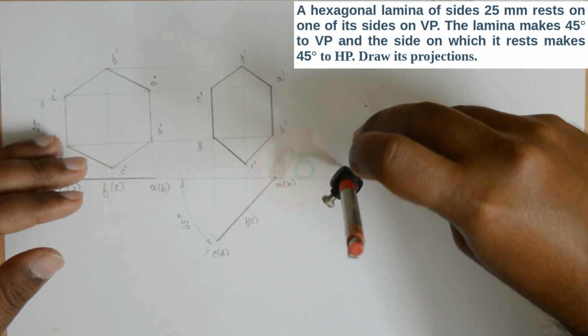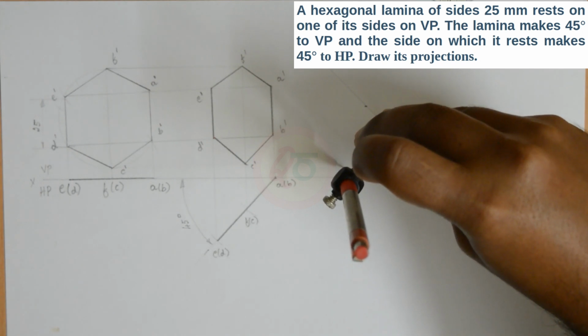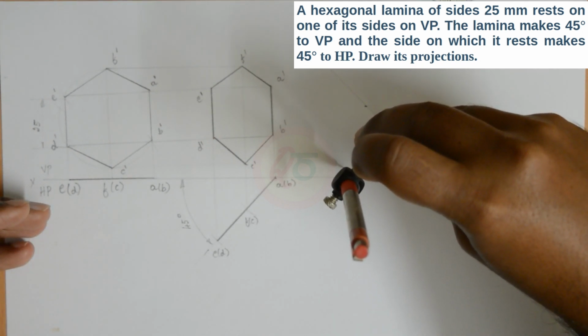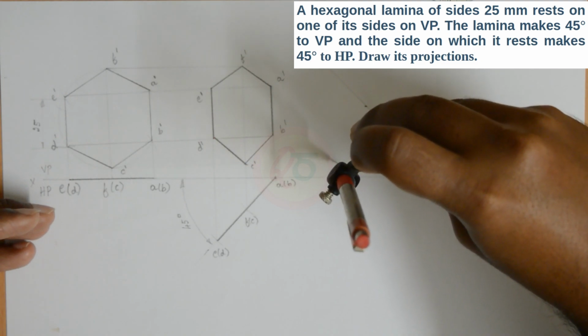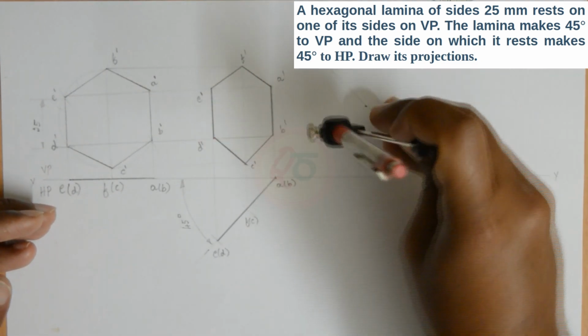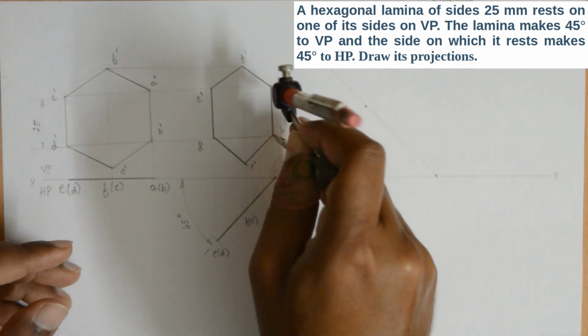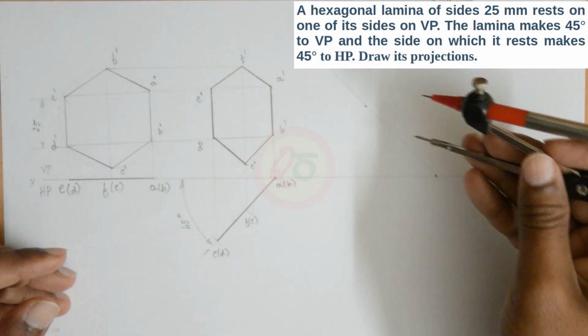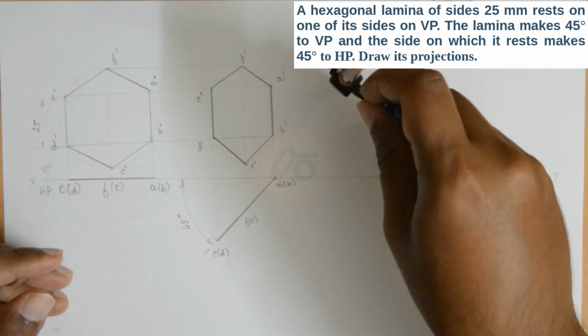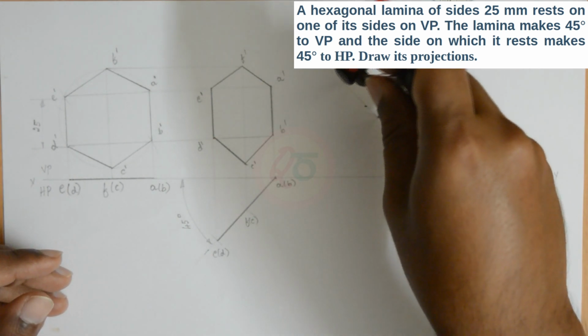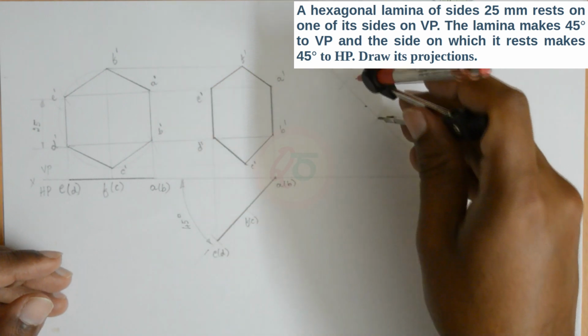Okay, so this is approximately where the opposite side may come at the extreme location. So I'll try to mark from this location on the 45 degree line that I've just drawn the A dash B dash line. Okay, so from this position I'll mark the A dash B dash.